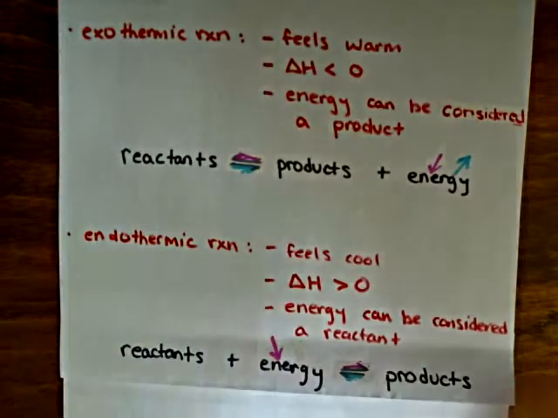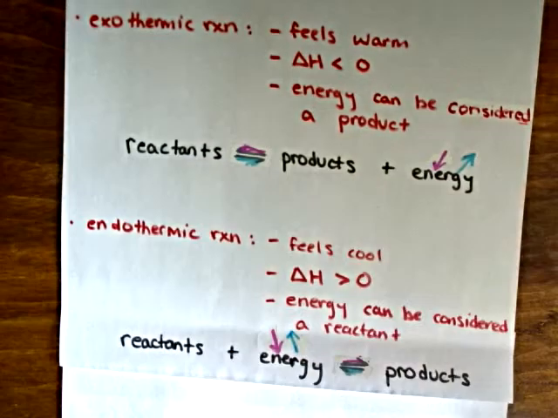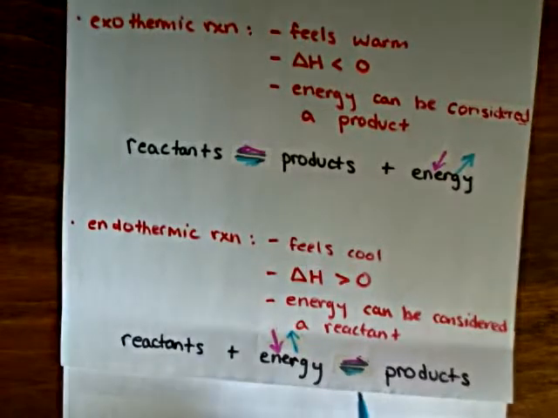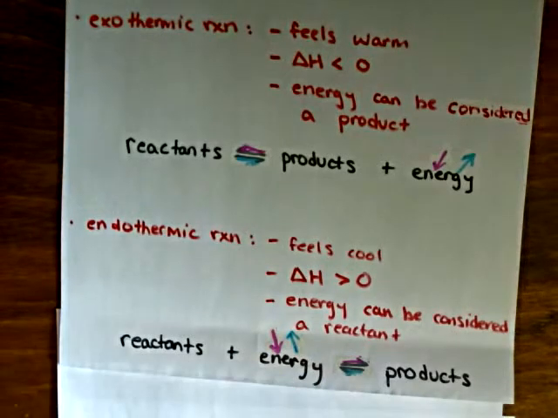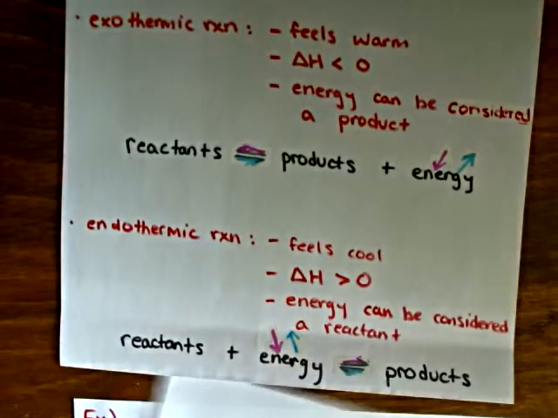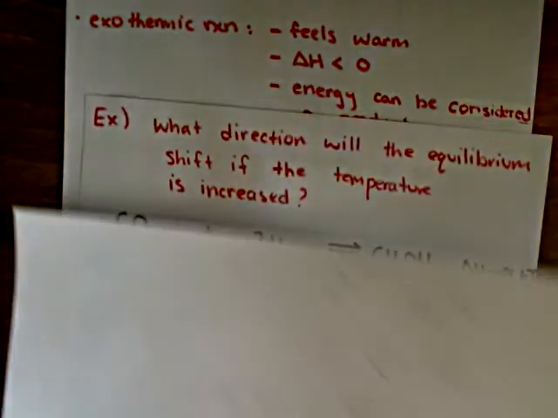But if you cool an endothermic reaction, the blue arrow will point in the direction that the equilibrium will shift upon cooling it. So let's go back to the original problem that I showed.